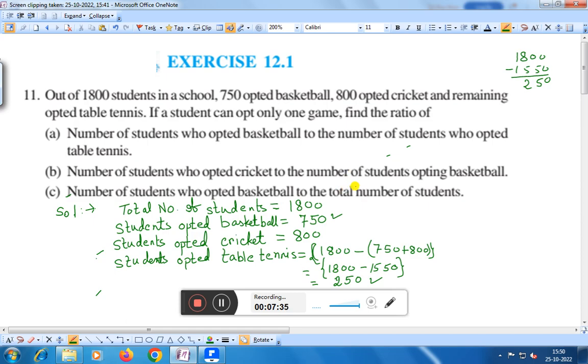Therefore, ratio of students opted cricket to the students opted table tennis.